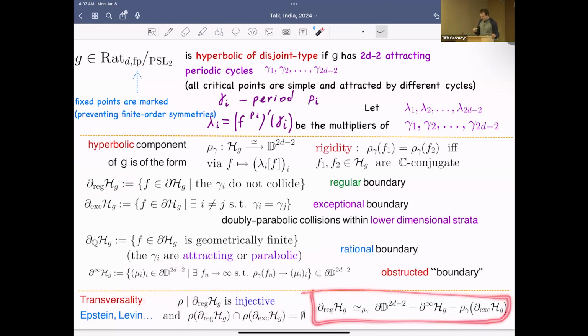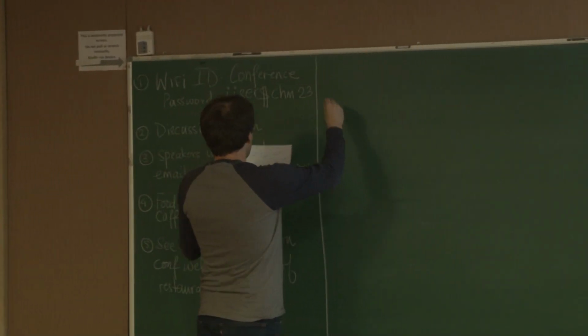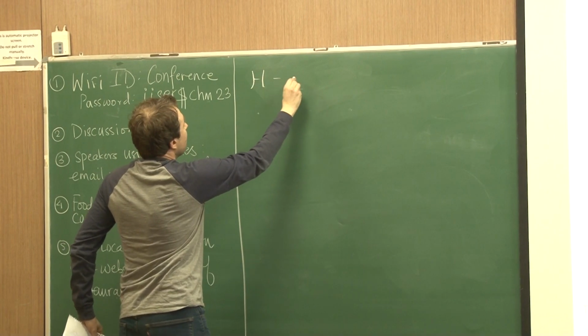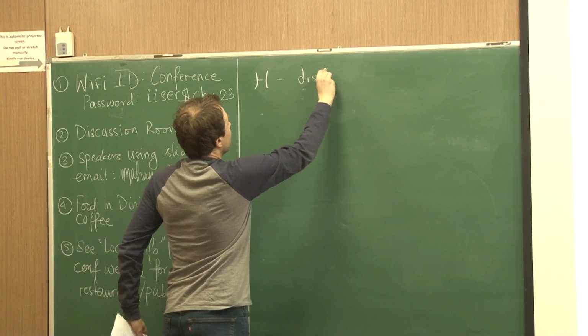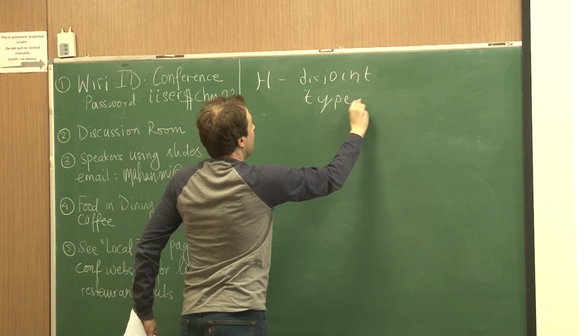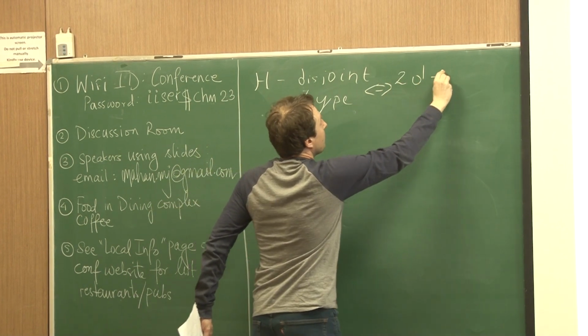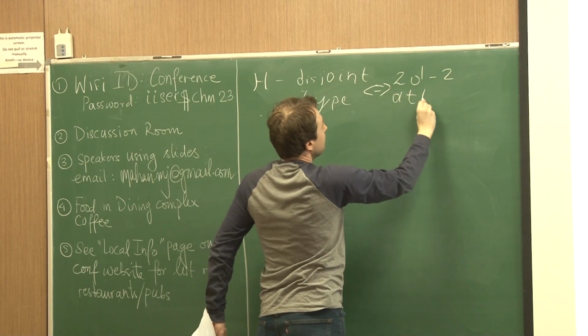Just to summarize what I said: if H is of disjoint type, then this is the same as having 2d minus 2 attracting cycles.